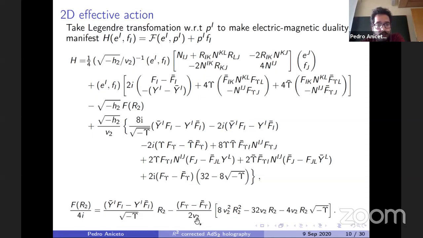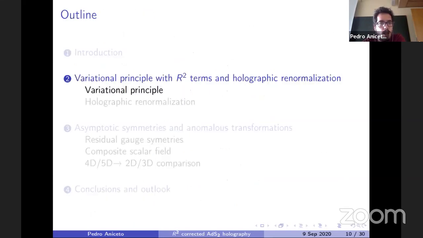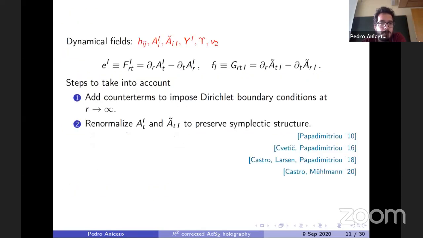Here, also considering that there's a denominator with V2 in it, we see that there is a term that is linear in V2 in this whole expression here. And there's a term that this V2 cancels, so it's linear in the square root of minus epsilon. I'm just mentioning it because it will appear again in the variational principle for the boundary terms. So let's start discussing the variational principle of our theory.